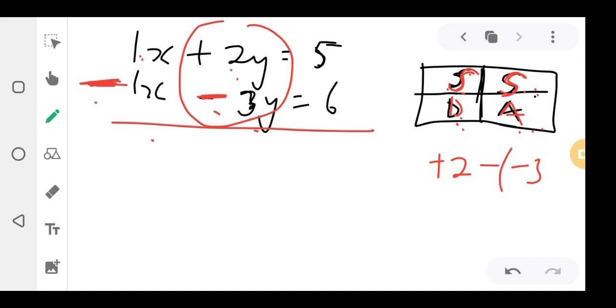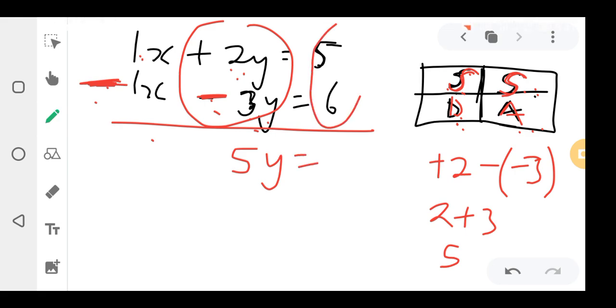Of course, there are brackets; I'm just doing a sub calculation. So 2 plus 3 is equal to 5. So positive 2 minus minus 3 is equal to 5. 5 what? Since this row is for y, 5y is equal to.